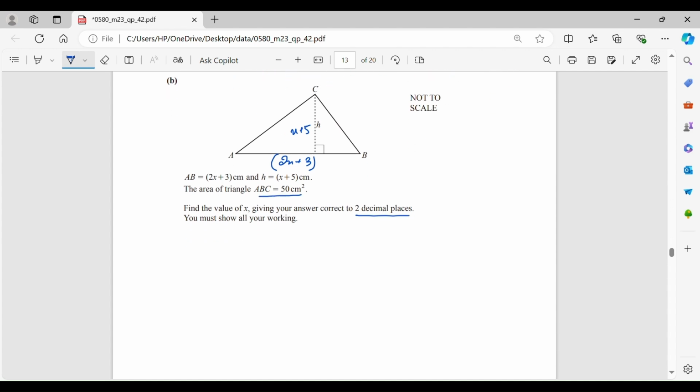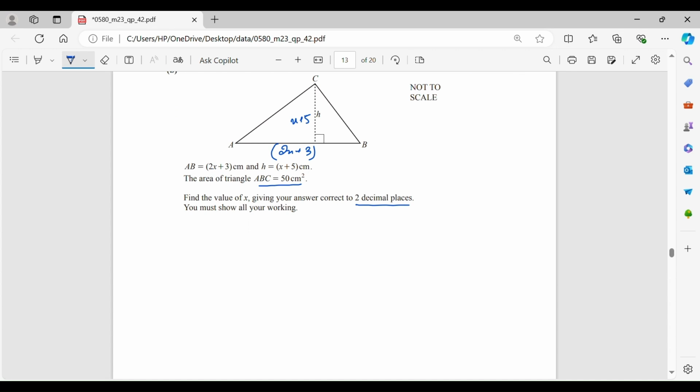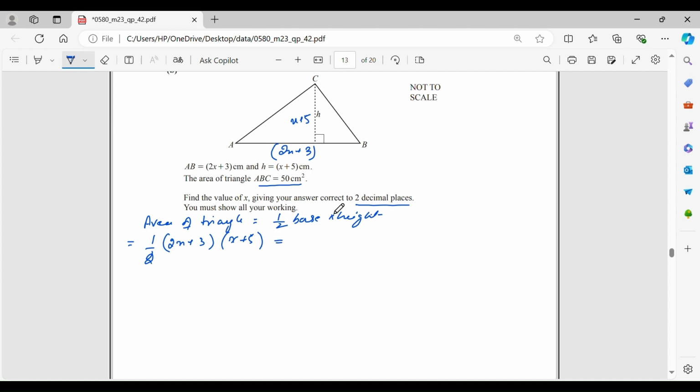So let's find the area of triangle. This will be equal to half base into height, right? So this is equal to 1 by 2, base is 2x plus 3 and height is x plus 5, and this is equal to 50 centimeter square, right?